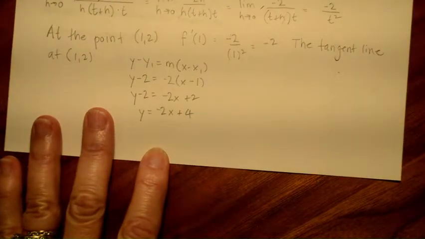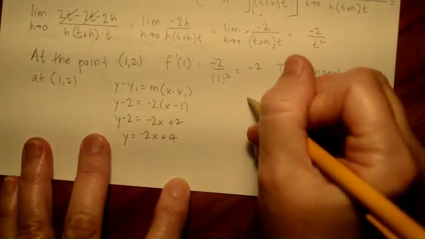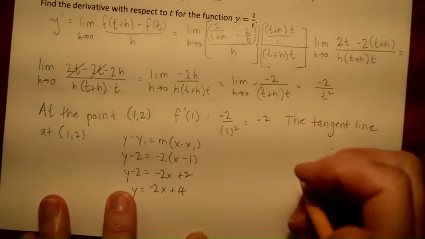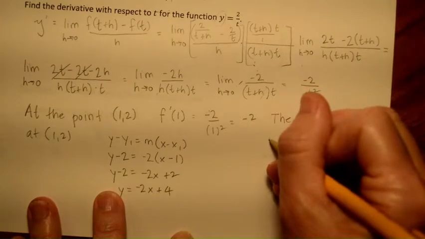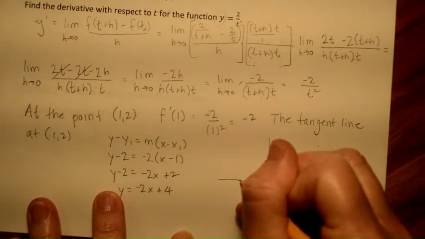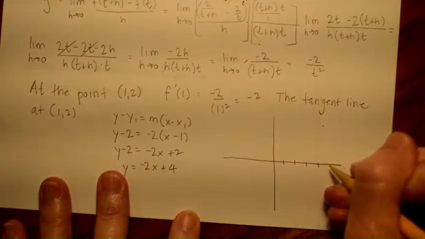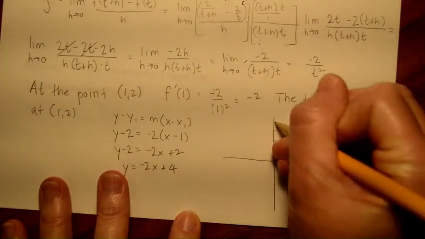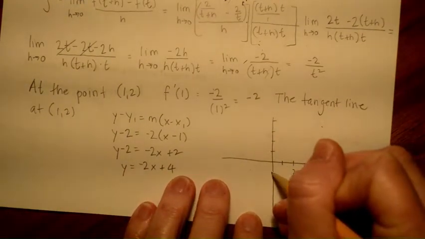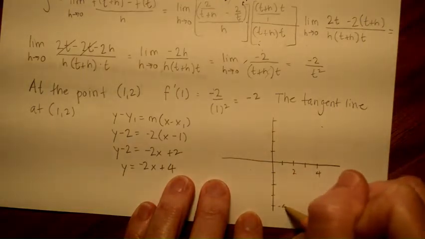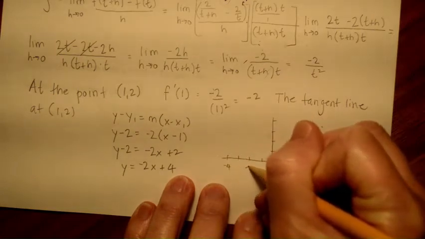All right, so this function, 2 over t, and again, this has the two parts to it, because as t is positive, well, let's just draw it. I was going to say I'll only draw half of it, but let's just do both. All right, so we've got 1, 2, 3, 4, and negative 4, negative 2.